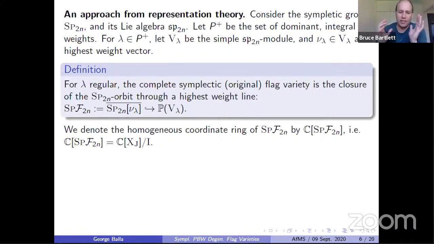And the set of all those vectors is Sp(2n) acting on nu lambda. Yeah. Shouldn't that be the whole space? Shouldn't that be the whole of V lambda? Because V lambda is irreducible. So if that's not the whole of V, then V wouldn't be irreducible, or what?